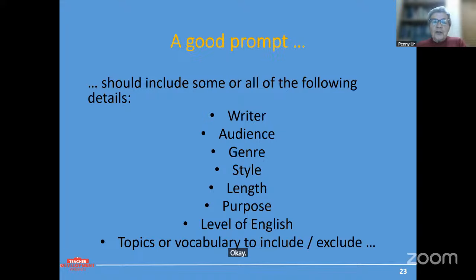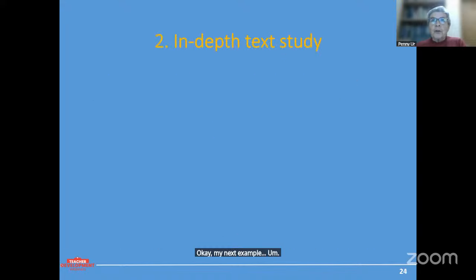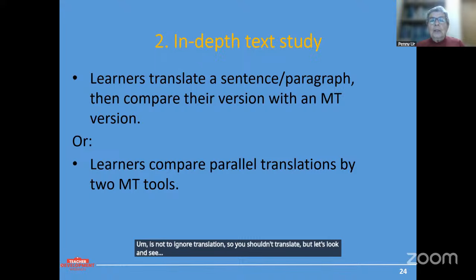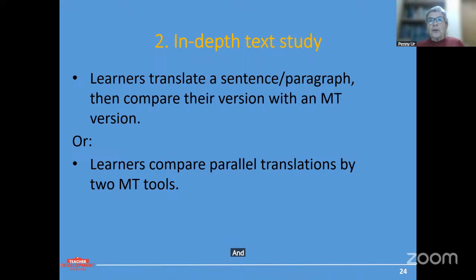Okay, my next example of use of the technology is in-depth text study. One interesting thing you can do is using Google Translate or one of the other AI tools for translating, not to ignore translation or say you shouldn't translate, but let's look and see how I translate something and the AI translates it, and what are the differences between how I do it and how a machine translation tool does it?